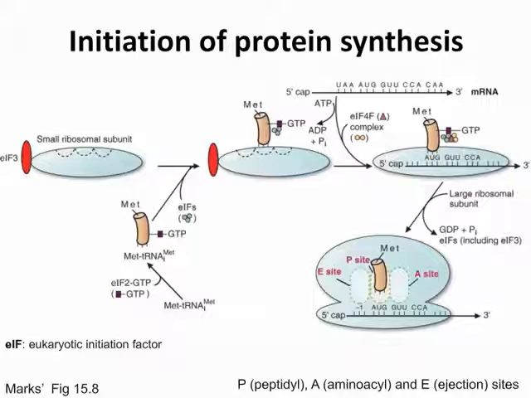Once all of those combine together, it's going to call in the 60S subunit. Once the 60S comes in, it's going to become a complete ribosome, and now you have 3 binding sites for the tRNA to come in. You've got the P site, which is the peptidyl, the A site, the aminoacyl, and then the E site, which is ejection. We're going to talk about those soon.